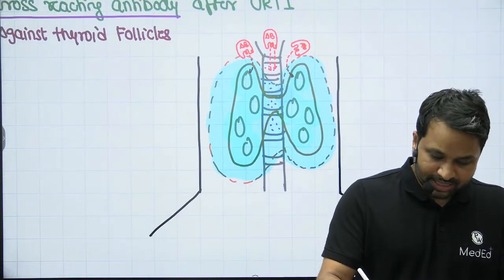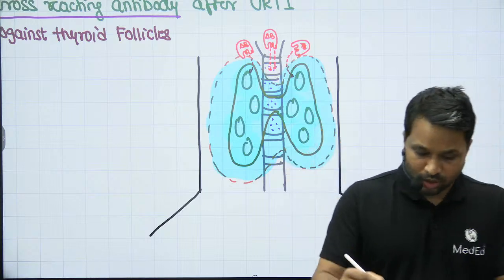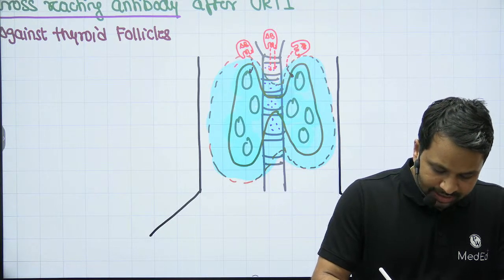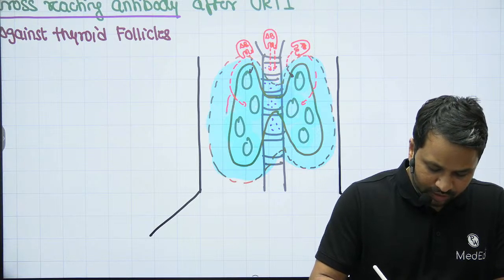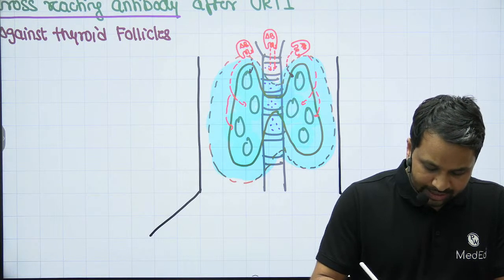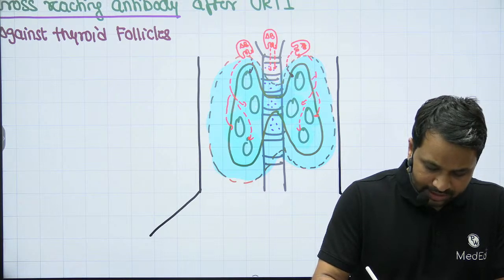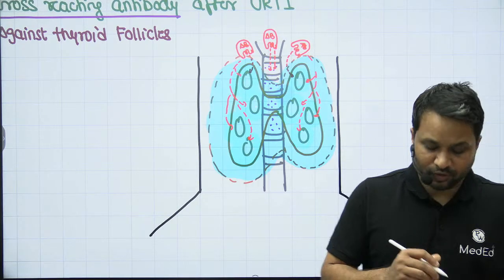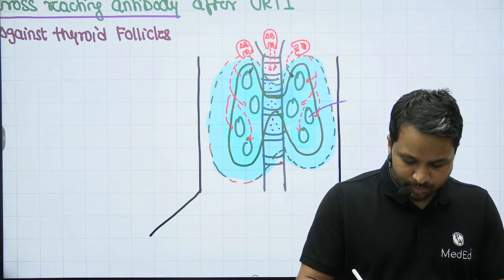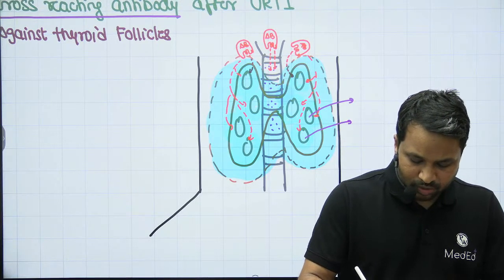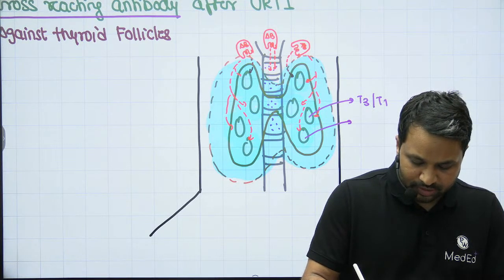Now, because all these antibodies are present, they are going to cause excessive irritation of the thyroid follicles. This irritation of the thyroid follicles will start to spill excessive amounts of T3 and T4 into the circulation.